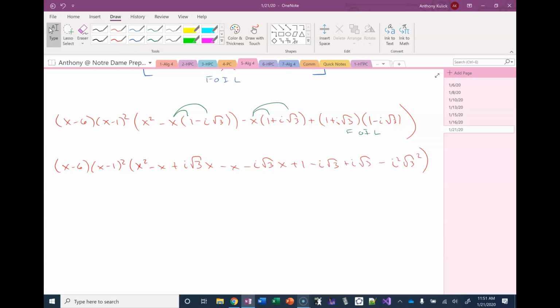And if I go and look to combine my like terms, I have a plus i square root 3x and a minus i square root 3x. So those cancel. I have a minus i root 3 and a plus i root 3. Those will cancel. My i squared cancels my square root, so I'm left with just 3. And we know that i squared is negative 1.